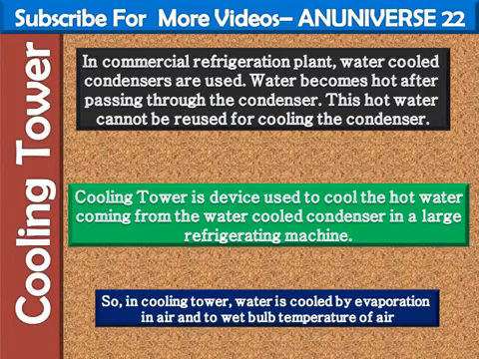So in cooling tower, water is cooled by evaporation in air and to wet bulb temperature of air. The principle of cooling the water in cooling tower is similar to the evaporative condenser. The warm water is cooled by means of evaporation.